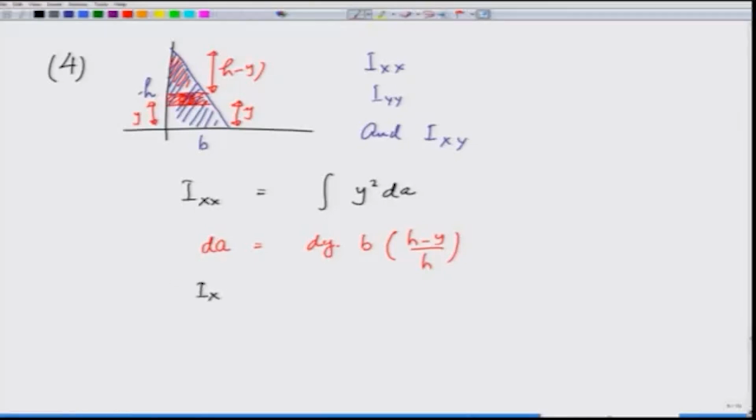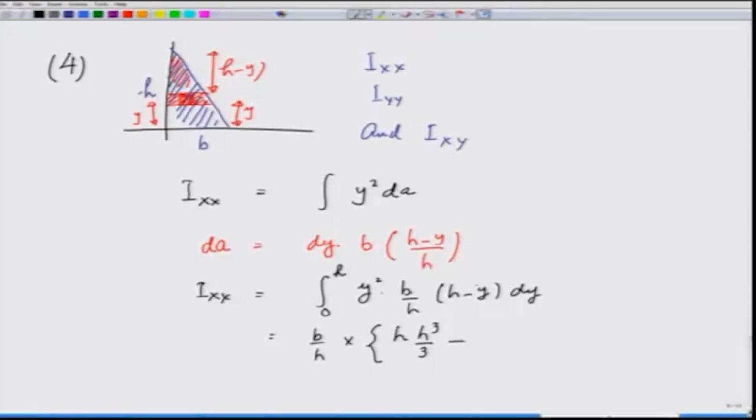Therefore, Ixx is equal to integral y squared times b over h times h minus y dy, which is b over h times, with y varying from 0 to h, h cubed over 3 minus y cubed integral, which will be h raised to 4 over 4, and this comes out to be b over h times h raised to 4 over 12, which is nothing but b h cubed over 12.